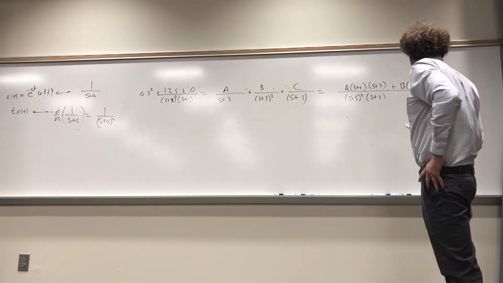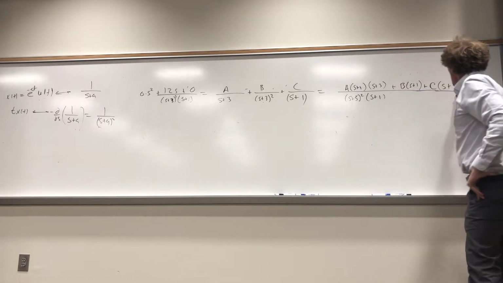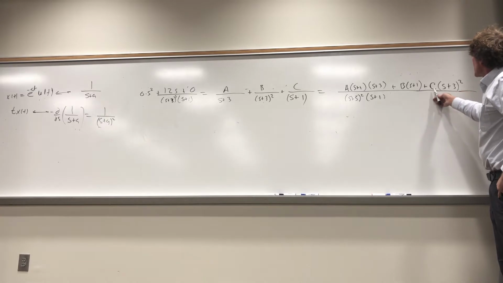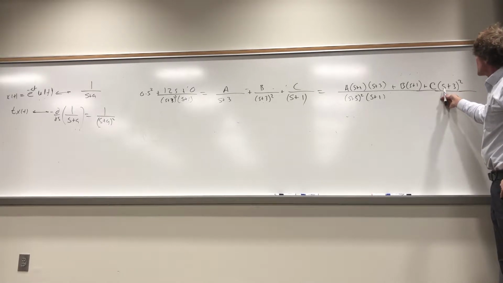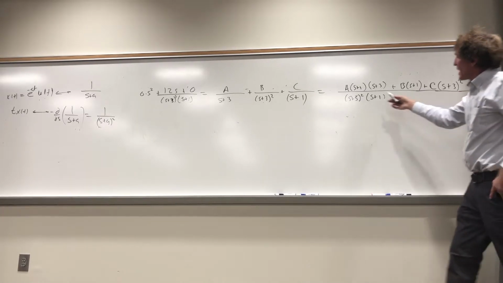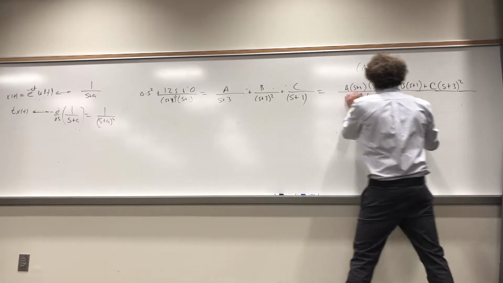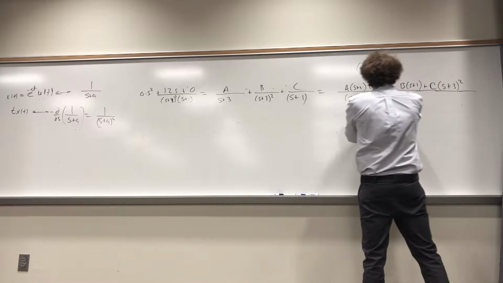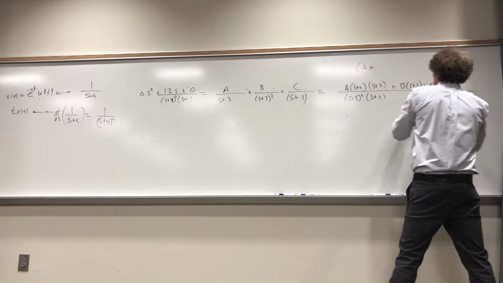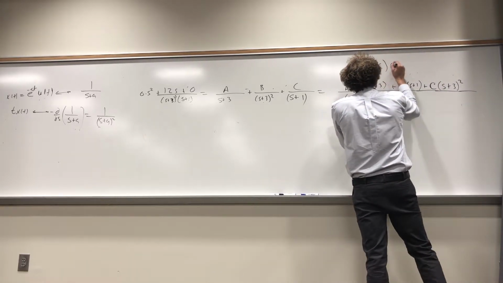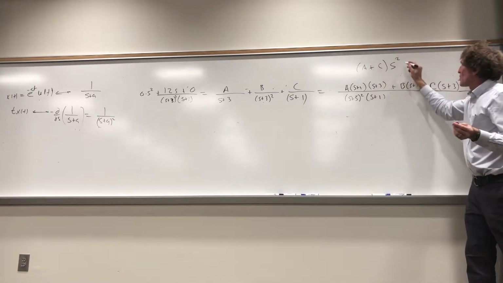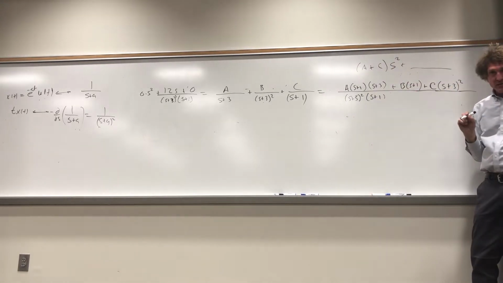I look over here for c. Let's see. C, I can take the highest power. There's an s squared that's going to be here. So for s squared, I'm going to have a times s squared, right? Plus c times s squared would be a term. Then there would be another coefficient for s, right?